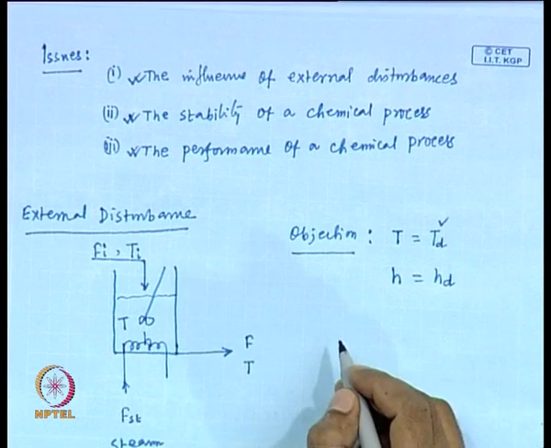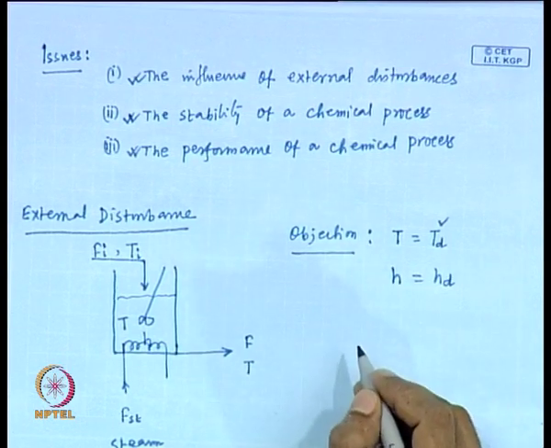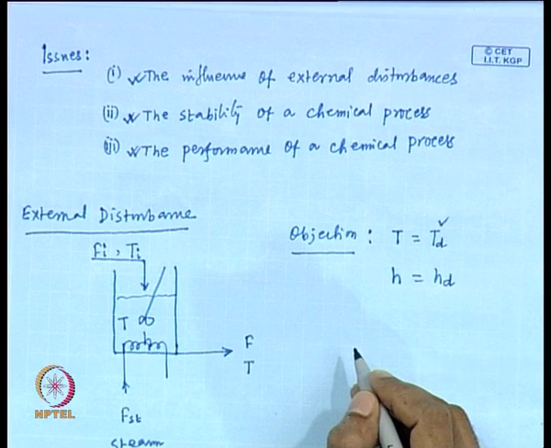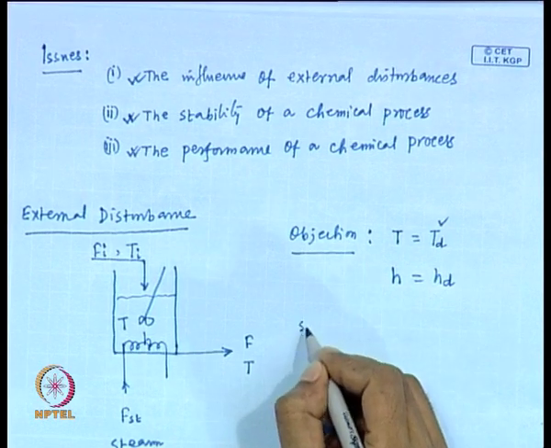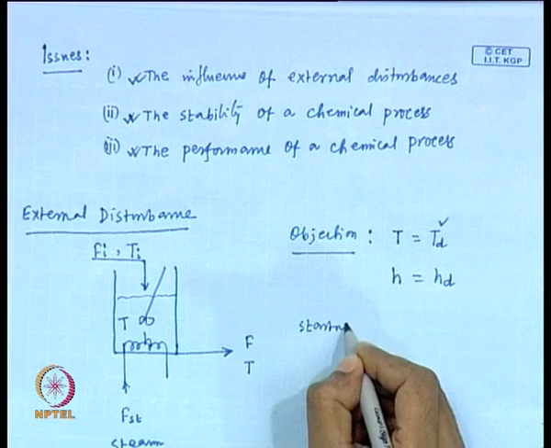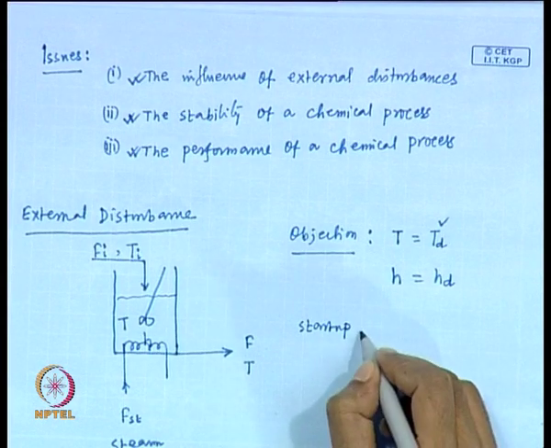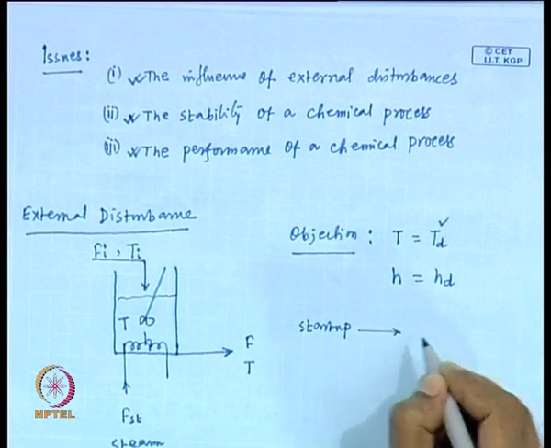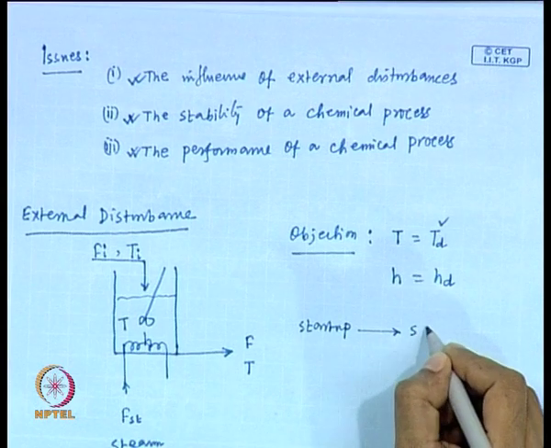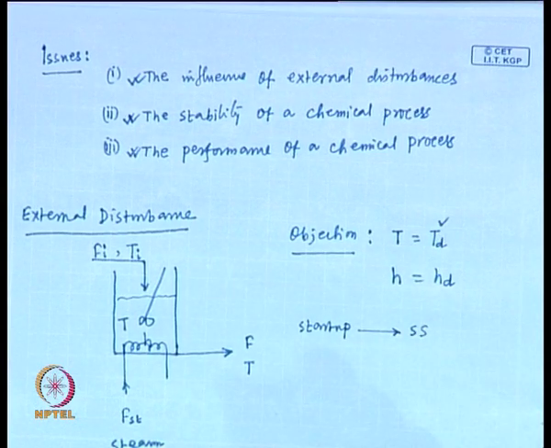Now, initially, what are the steps we need to follow for any chemical process? First is we have to follow the startup procedure of a process. Fine. After starting off the process, it reaches steady state. We are representing that by SS.